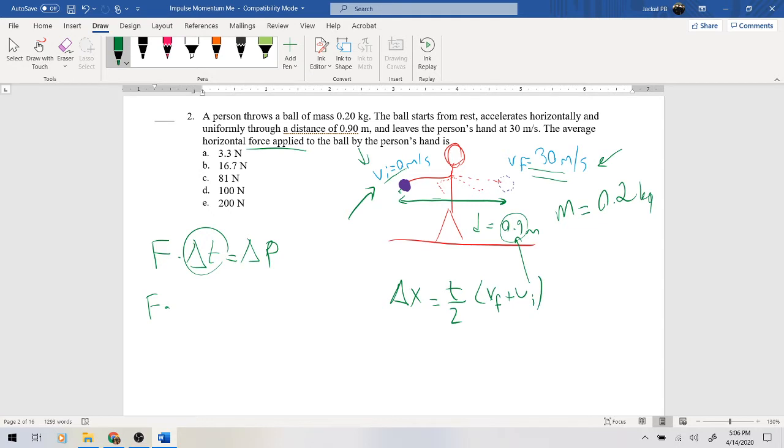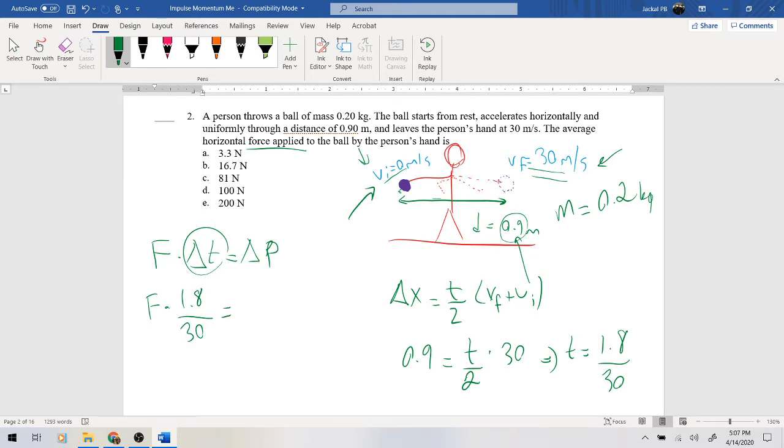Since this is 0.9, t over 2, and this is 30, your t is basically 1.8 divided by 30.